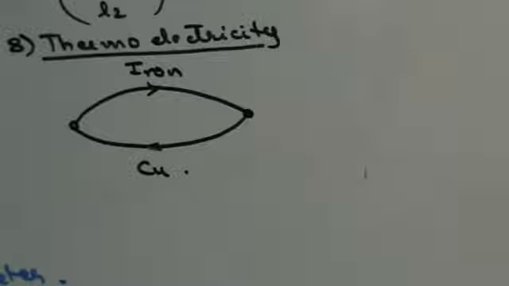When you have two wires of different material joined end to end, a potential difference is developed between the two junctions when they are kept at different temperatures.